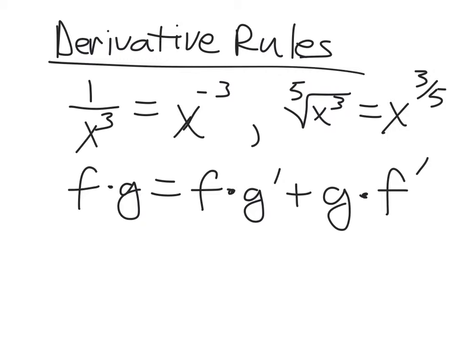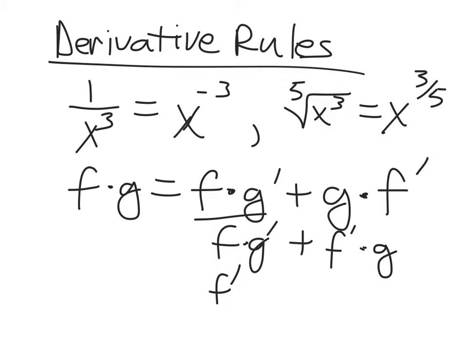Most students start with this, but the second part, sometimes they'll rewrite it and say plus the derivative of the first times the second. Okay. Either way, doesn't matter. Because multiplication is commutative, we can rewrite the order. And in fact, you could start with the derivative of the first if you wanted to, because addition is also commutative.